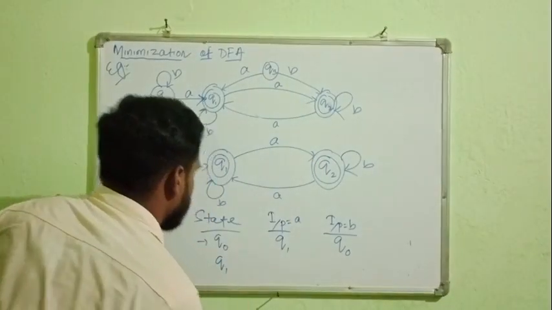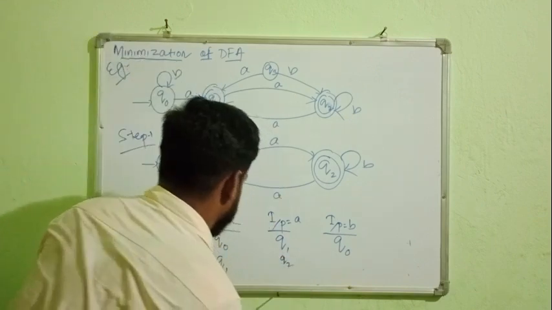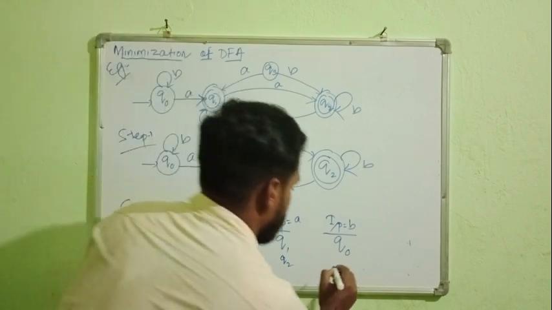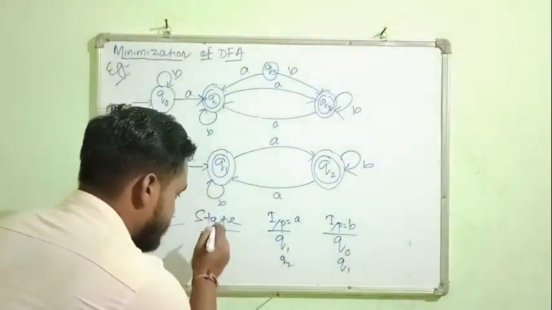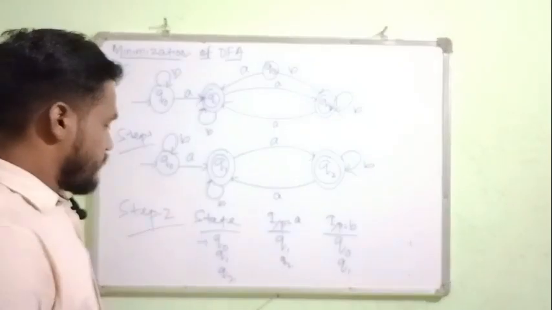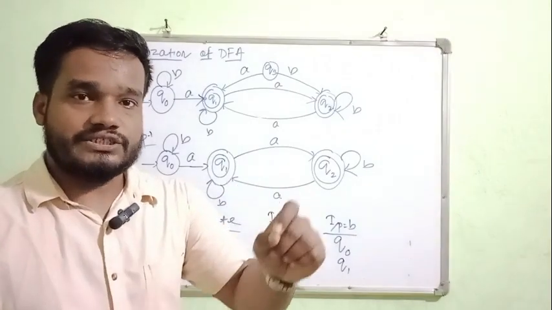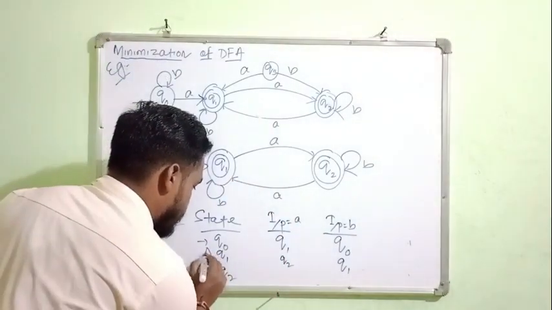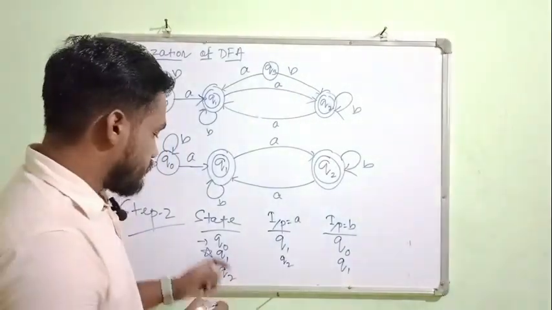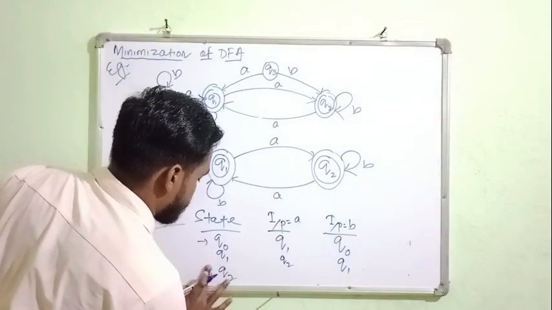Then Q1 goes to Q2 on A and Q1 on B, and we fill in the Q2 row also. Sometimes the final state is denoted by an asterisk or star mark before the final state, but it is not mandatory. You can write it simply.